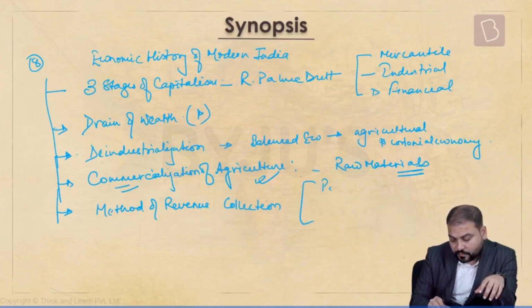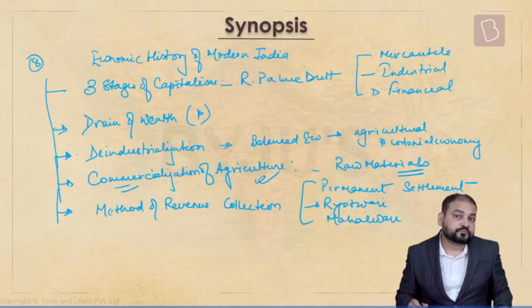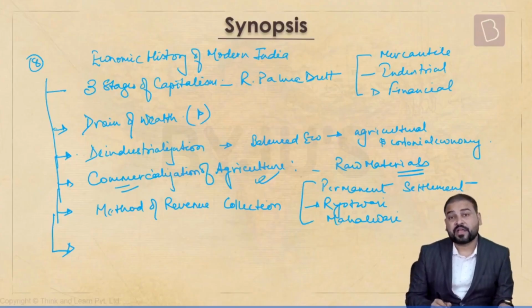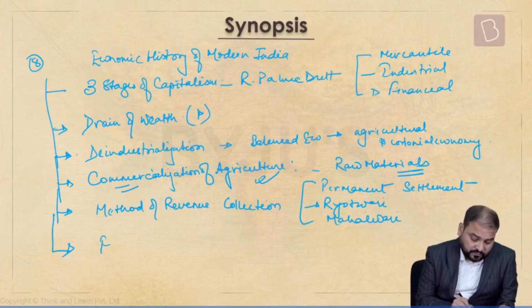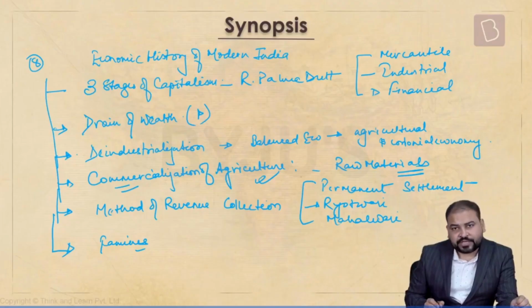For example, the Permanent Settlement, Ryotwari, and of course, Mahalwari will be studied by us. Moving ahead, we shall see one of the results of their rule in our country was there were lots of famines in our country in those days. But then, did everything that they did in our country was only bad?